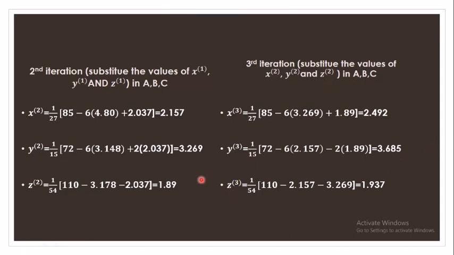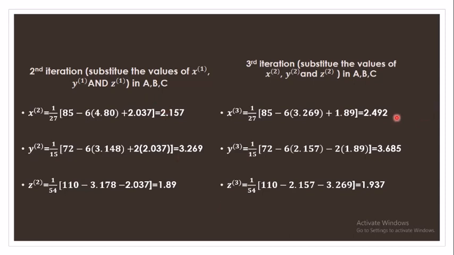So you can stop the iterations when your previous value for x and the present value for x, similarly the previous value for y and the present value for y, and also in the case of z, are equal. If they are equal, then you can stop the iteration.